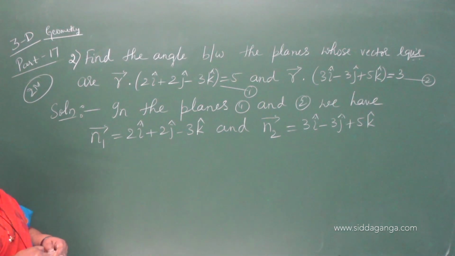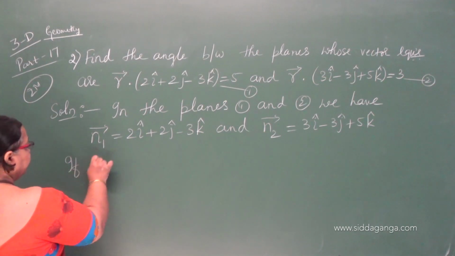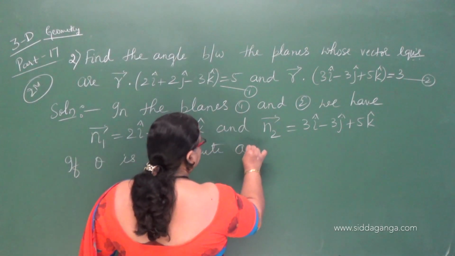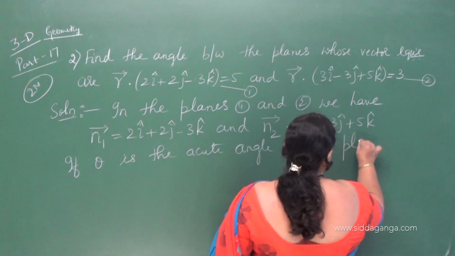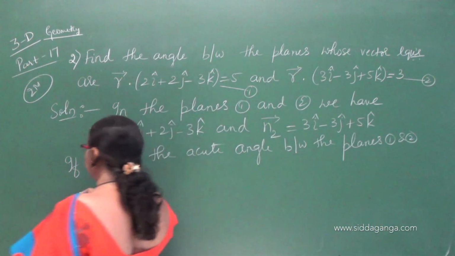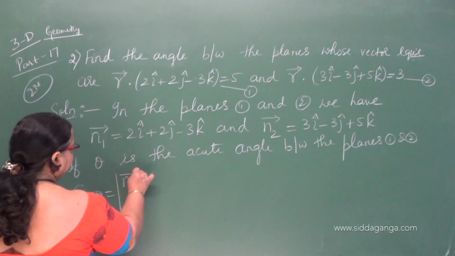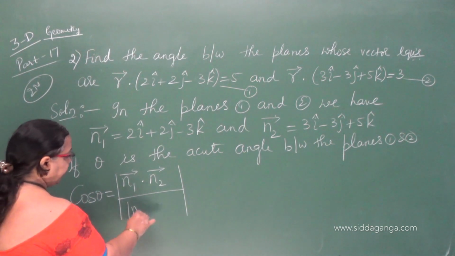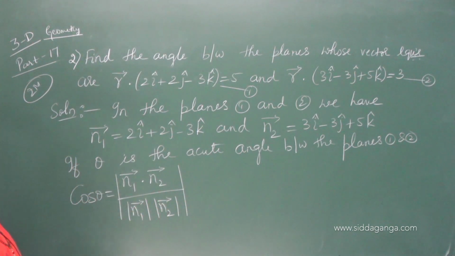Now if theta is the acute angle between the planes 1 and 2, we have cos theta equal to modulus of n1 vector dot n2 vector divided by magnitude of n1 vector into magnitude of n2 vector.